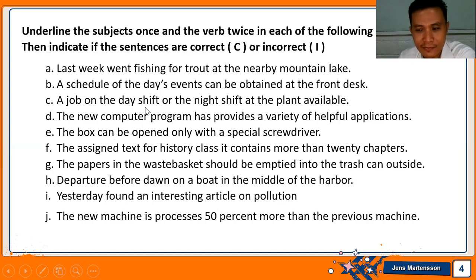Correct or incorrect? Do you find the verb?